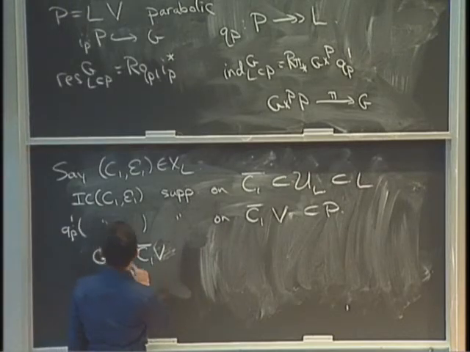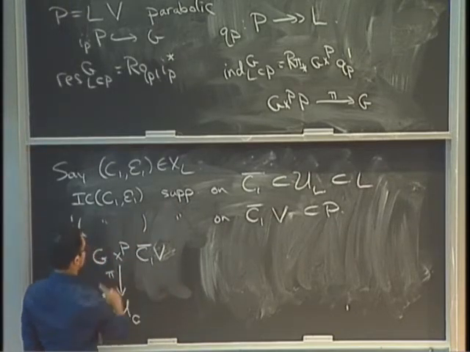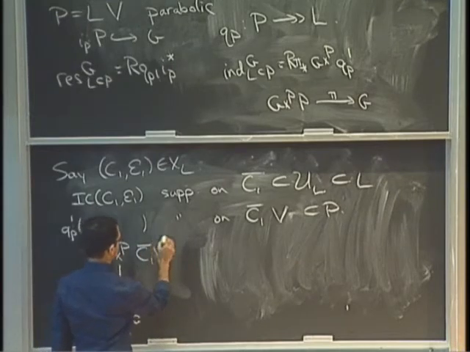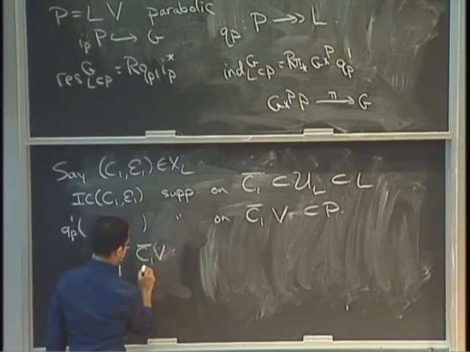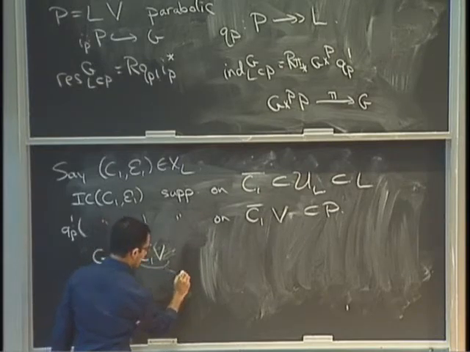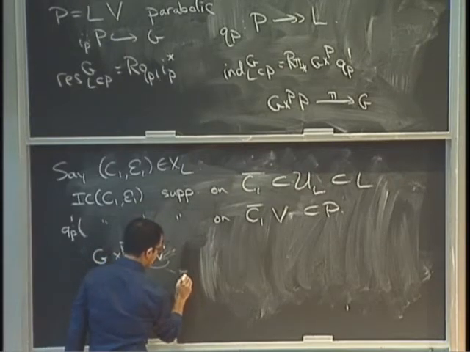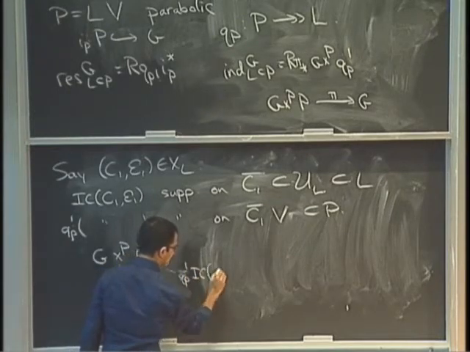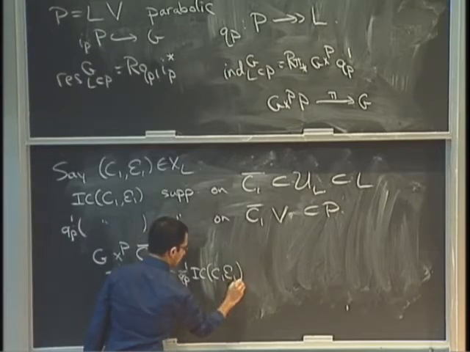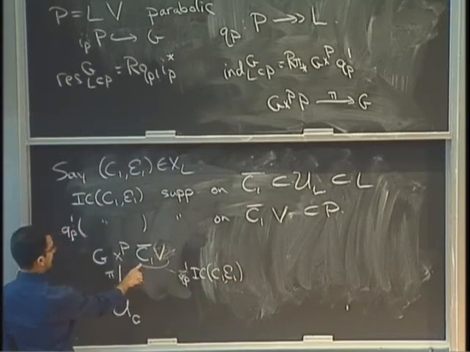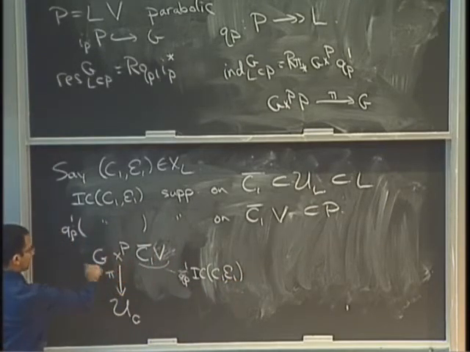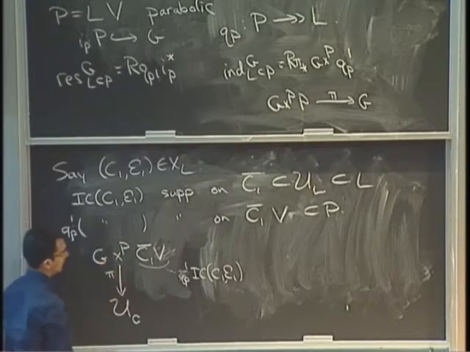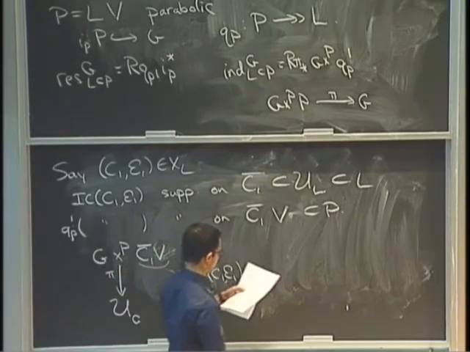So when you do the induction procedure, q_P upper Schrieg of IC(C_1, E_1) lives on this space, and then you apply G cross upper P and you get something on this big space, and then you push down and then you get something on the unipotent variety.